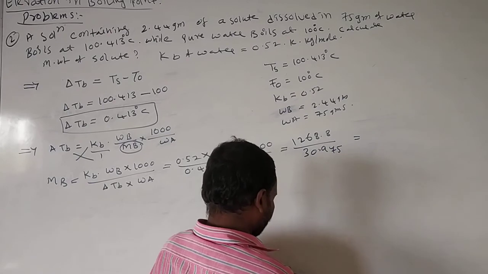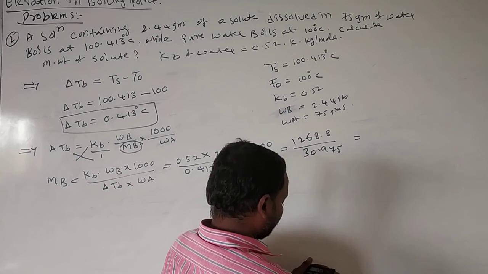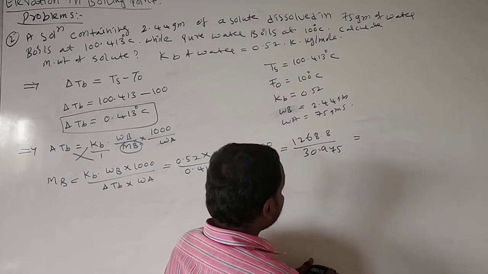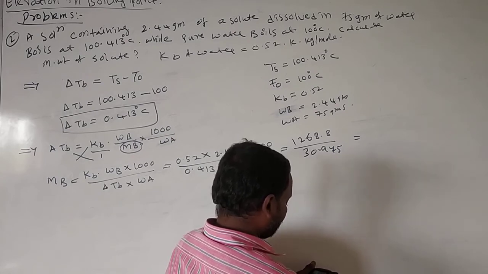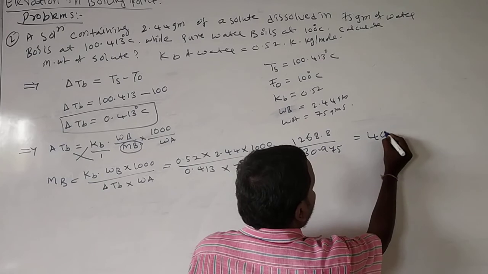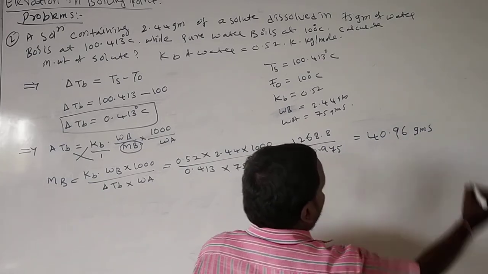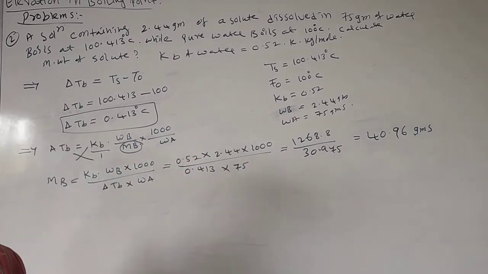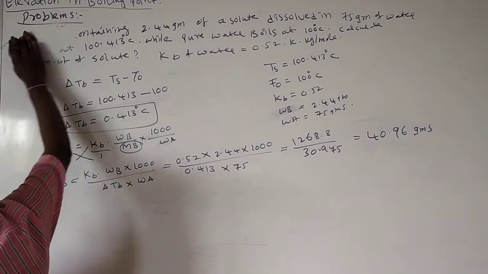The value is 1268.8 divided by 30.975, that is 40.96 grams. Okay, that is the Mb, the molecular mass of the solute. Okay, in continuation, we will see one more problem.